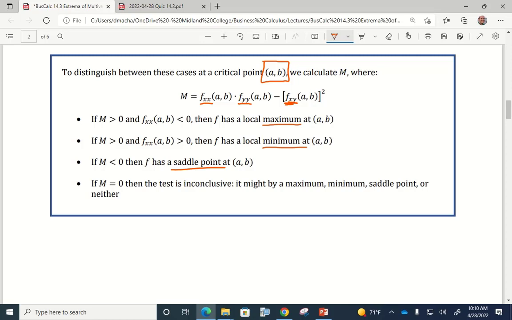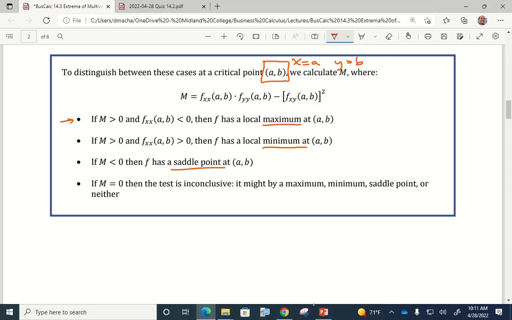And then we're going to evaluate all three of those at the critical point, a comma b. So that's saying that my x value is a and my y value is going to be b. I'm going to evaluate those there, and then I'm going to multiply these two and then subtract the mixed partial evaluated at the critical point squared, and we're going to call this value that we get capital M. And there's 4 possibilities.